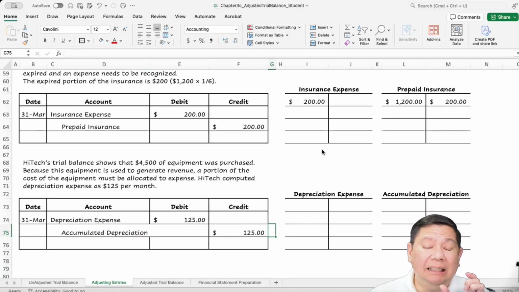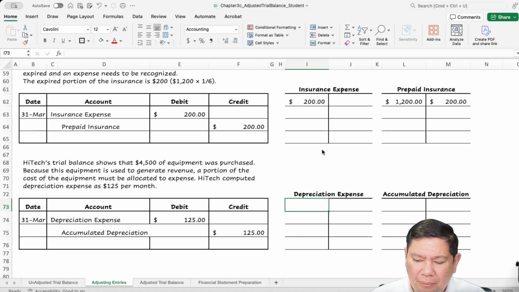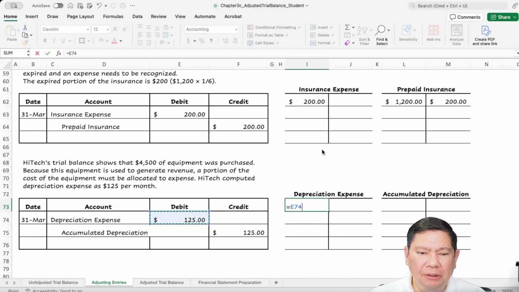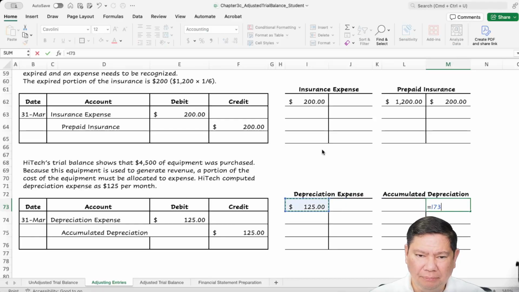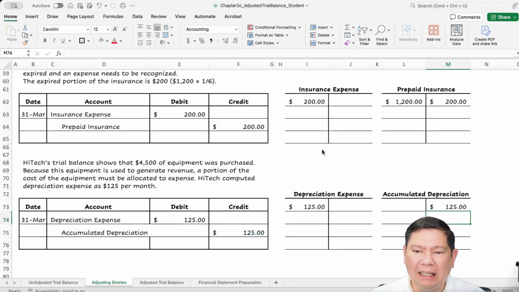Do you remember this is a contra account that will reduce the value of the equipment from its cost to the book value. $125 credit.